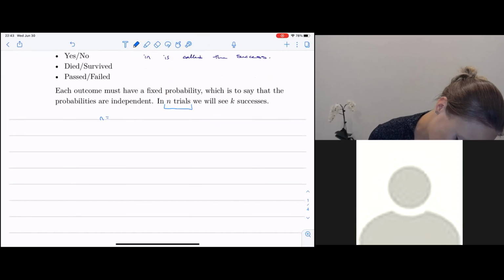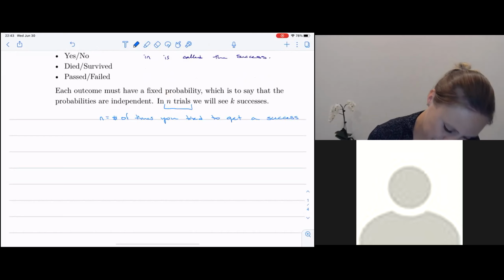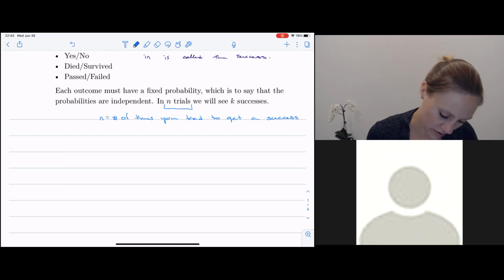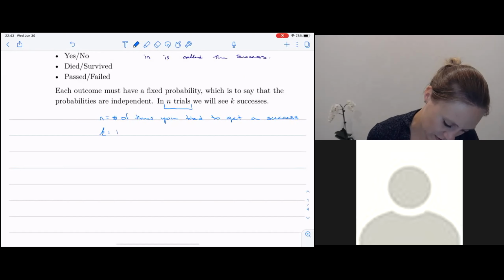N is the number of times you tried to get a success, right? And then we'll denote it by k, a lowercase k, successes. So n is how many times you tried to get a success, and k is the actual number of successes.